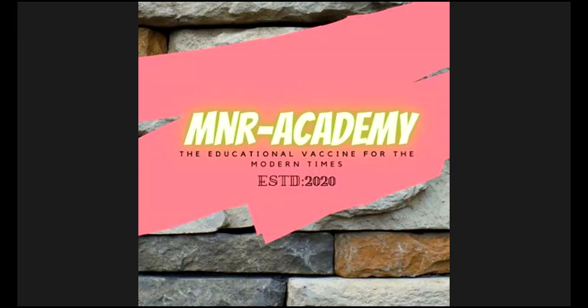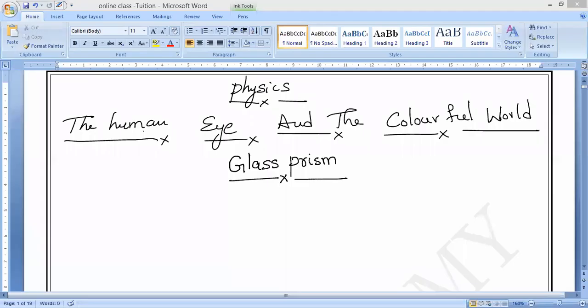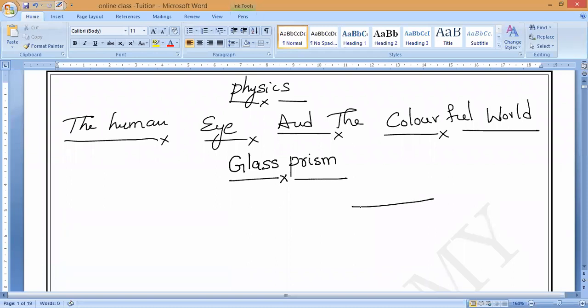If you observe very carefully, we have already studied in the last chapter the refraction of light through a rectangular glass slab. Is it yes or no, guys? Rectangular glass slab means what?